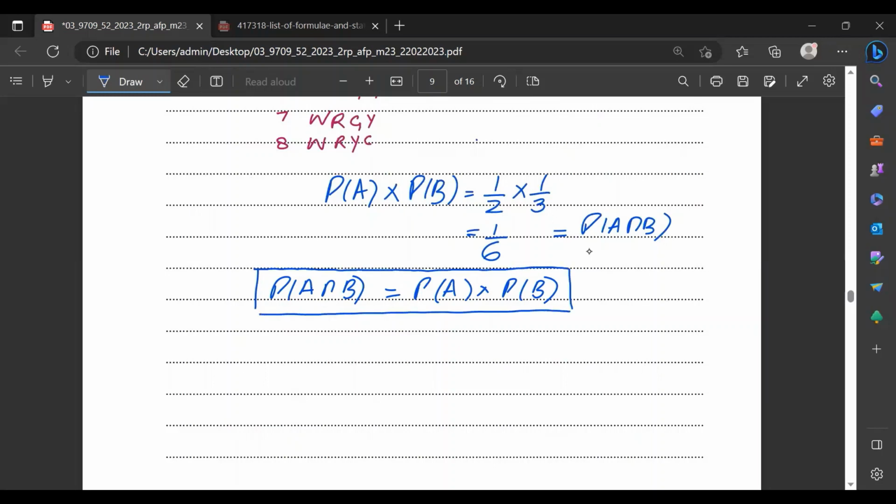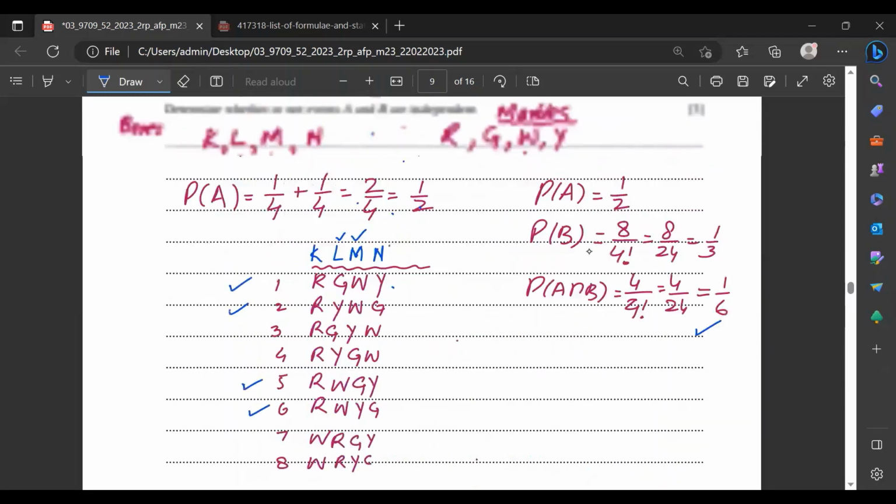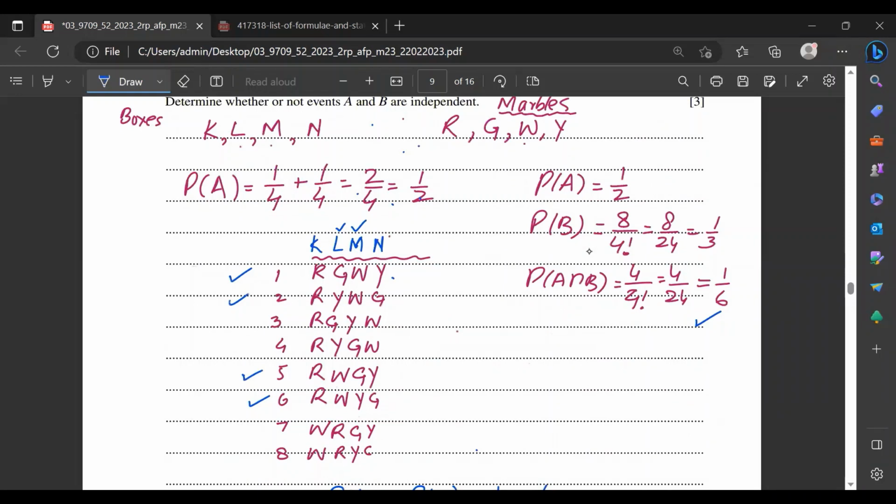If this condition is true, hence you can write finally that the events are independent. So the question was whether or not events A and B are independent. So you can say finally that events A and B are independent.